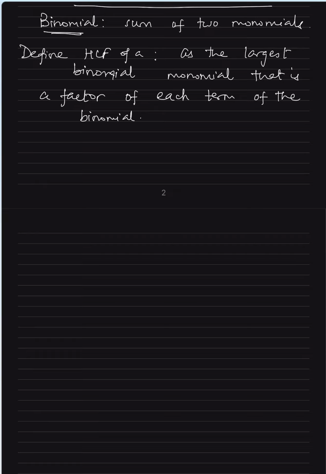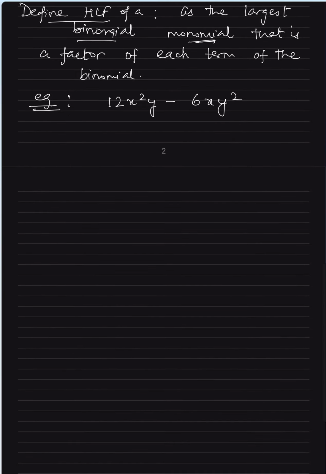See, how are you going to define the HCF of a binomial? It is the largest monomial. At last you will get a monomial as a factor among each of the terms. Now a binomial is the sum of two monomials. Let us take an example. If I take the example 12x square y minus 6xy square, then what will I do first?